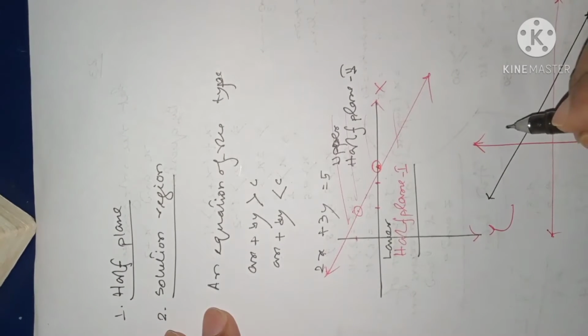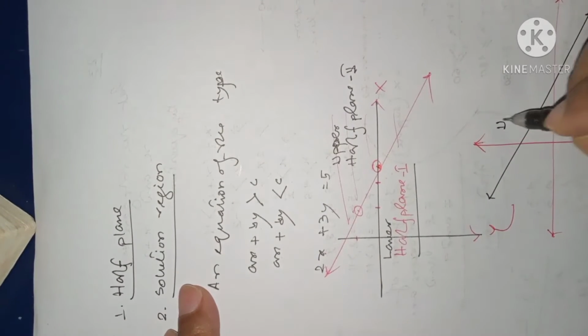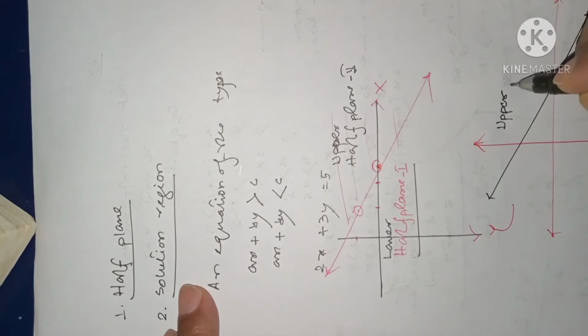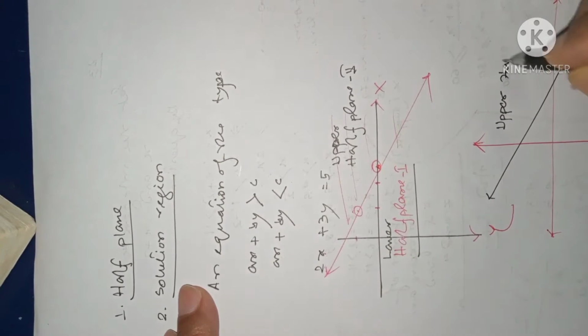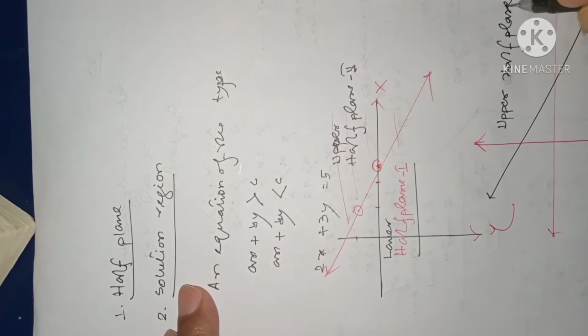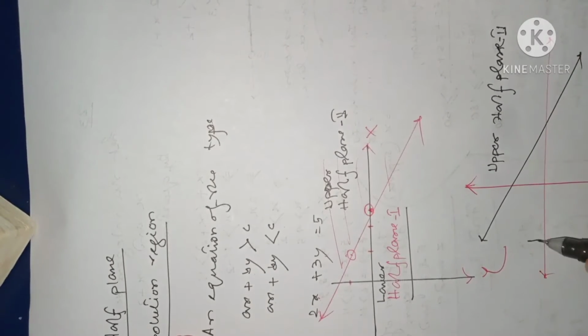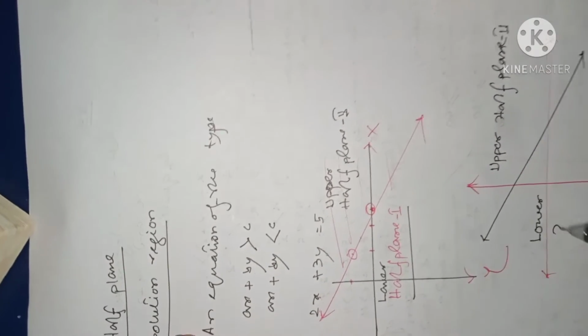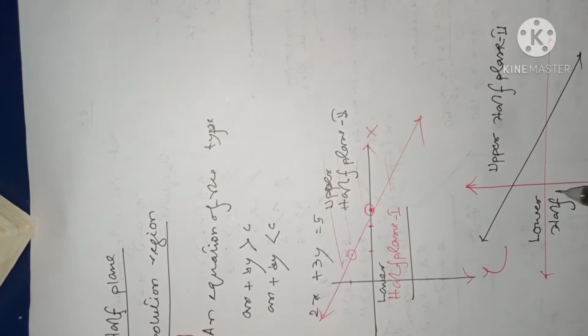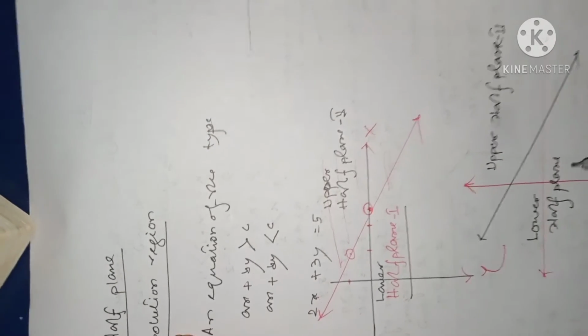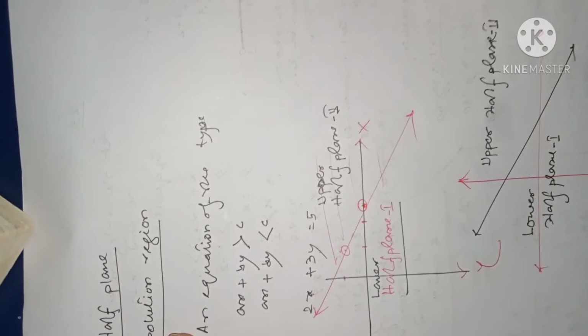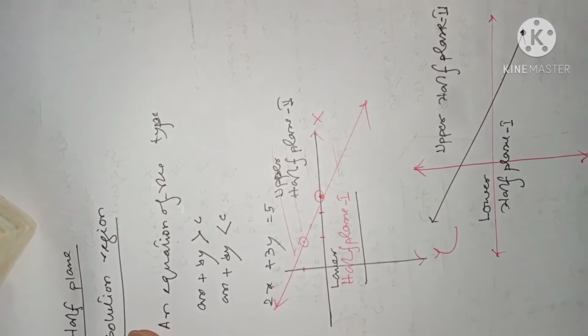This will be the upper half plane, numbered as 2, and this will be the lower half plane, numbered as 1.